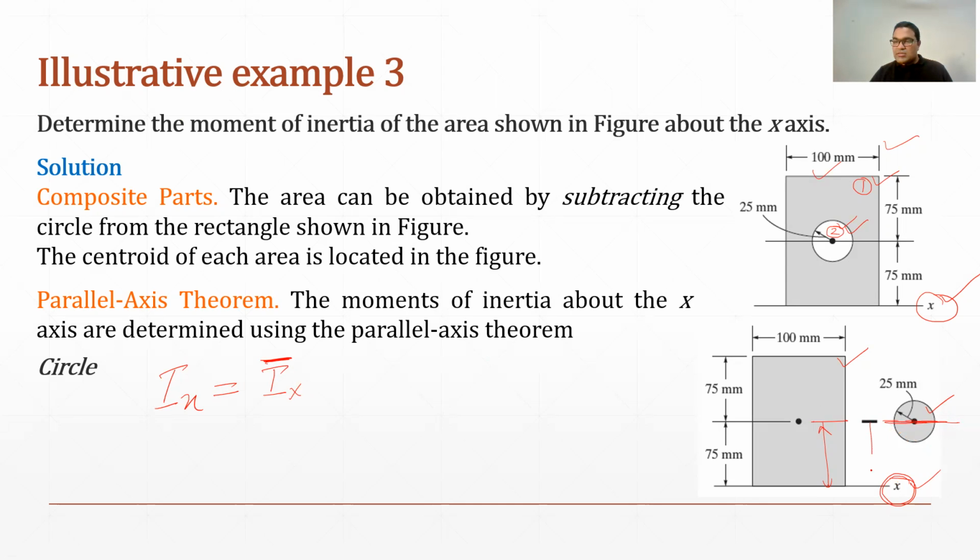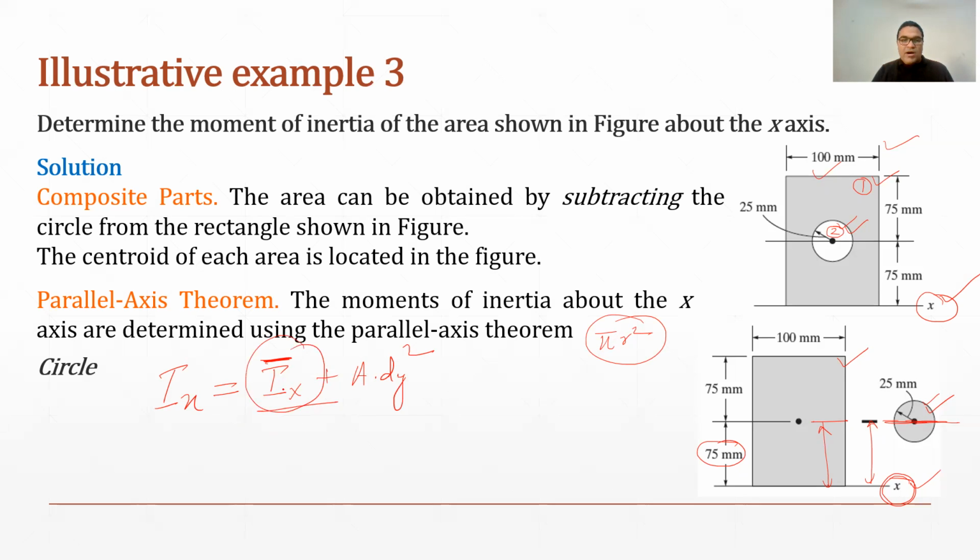So distance will be 75 mm, and the area of this circle will be pi r square, and so this will be dy square. So this is our formula for parallel axis theorem.